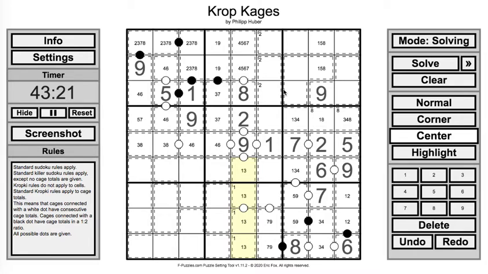Maybe let's not pencil mark everything because that would be too cluttered. Let's do it the smart way and only put in what we definitely know can work.